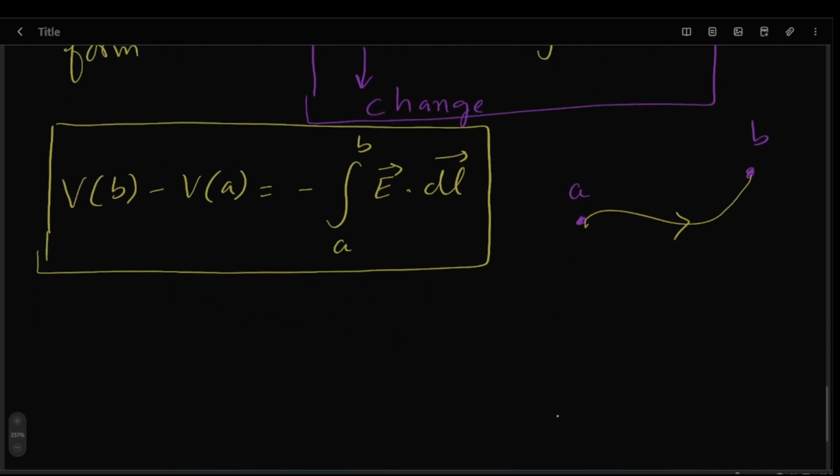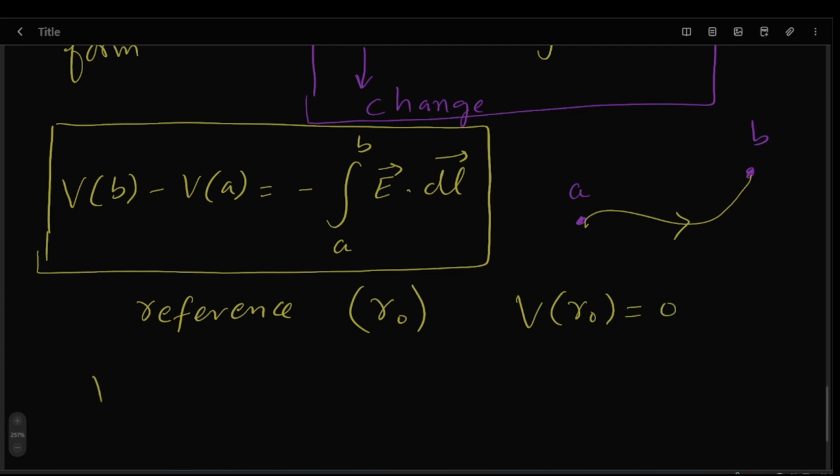Not only change: if we choose some reference point, suppose we take R naught, then we can assume that the potential at the reference point R naught equals 0.